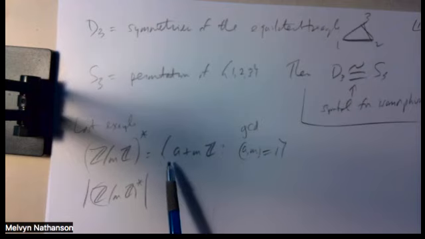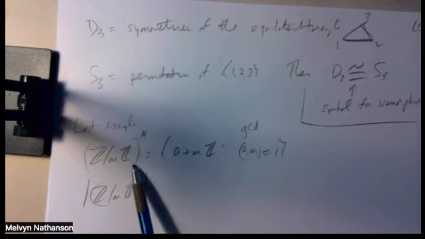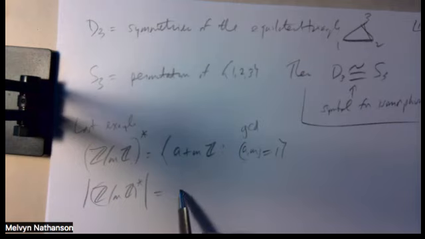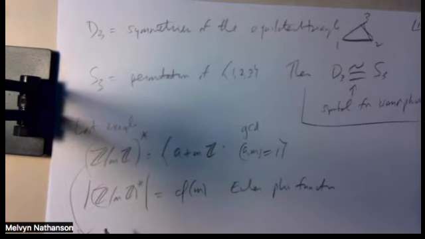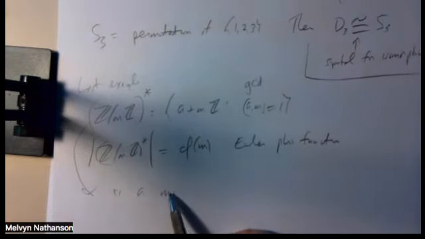The number of congruence classes in Z mod MZ that are relatively prime to M is exactly the Euler phi function phi of M. And Z mod MZ star is a multiplicative abelian group. A very important example.